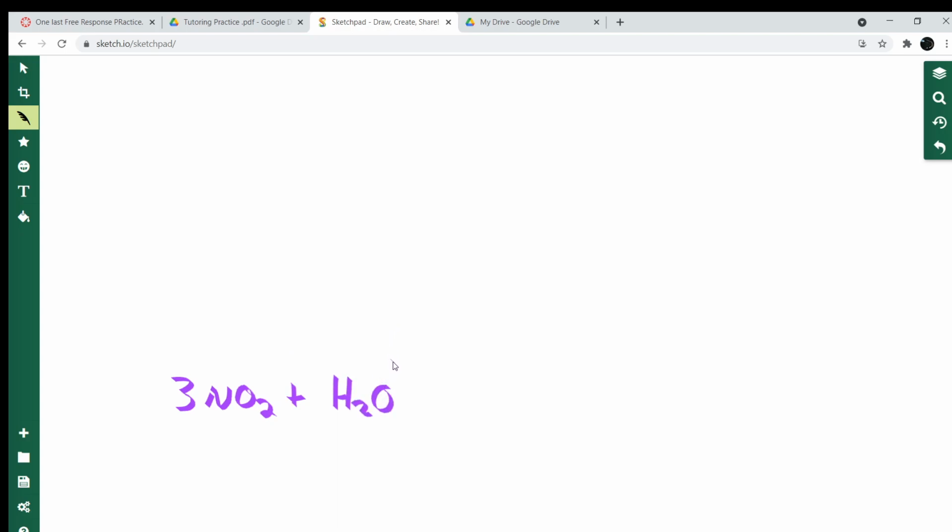We're going to go to an intermediary state, where we make N2 plus H2 plus O2. All of these are going to be intermediary states.